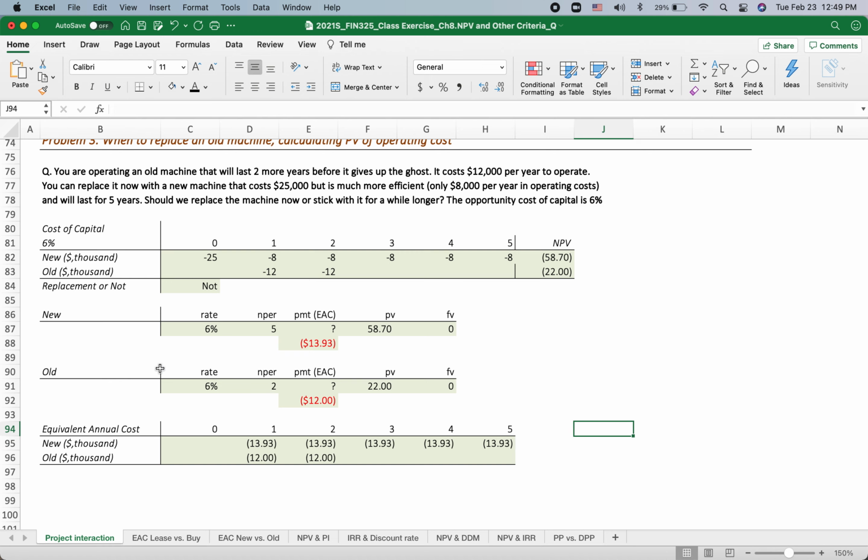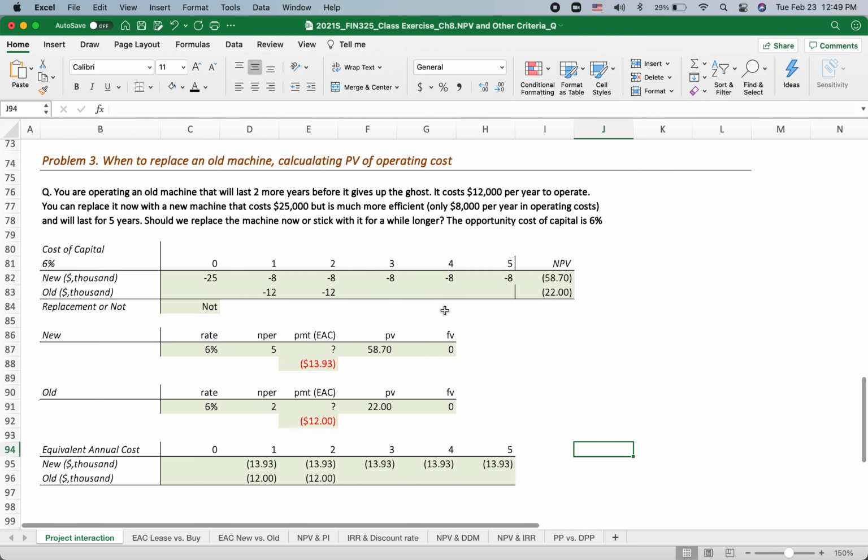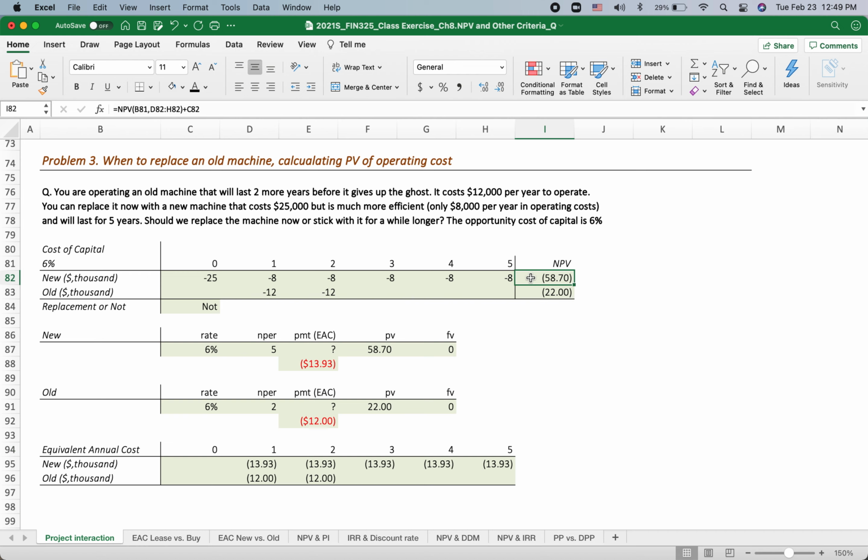Again, the point of this equivalent annual cost concept is that once you get the NPV, this NPV does not consider the different useful life of the machine. So in order to compare the two alternatives, we need to get the equivalent annual cost, where we get what would be the annual cost every year.